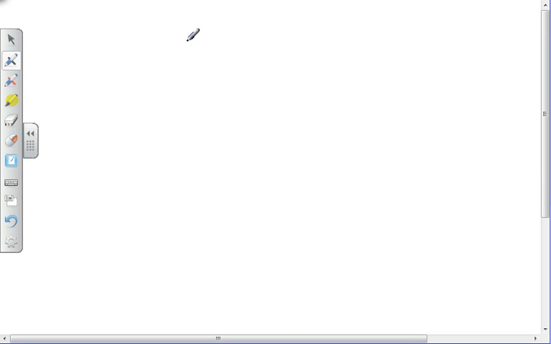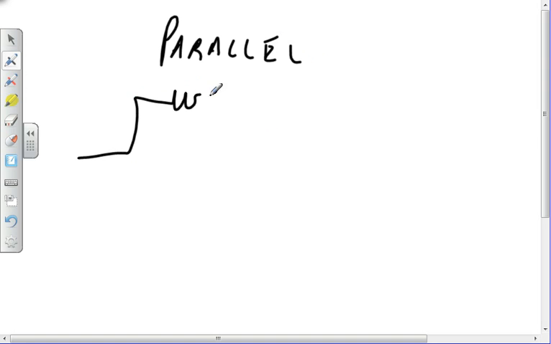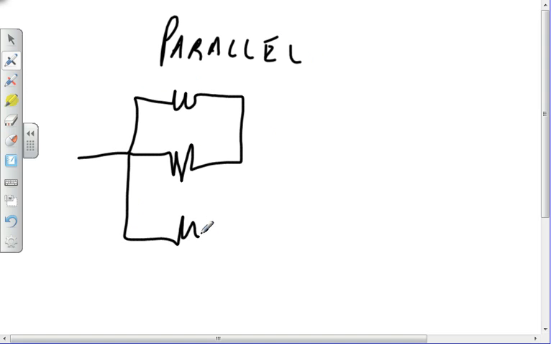If I am in parallel, did I spell parallel right? I don't know. I might. So now I have something in parallel. So I've got a resistor, another resistor, and a third resistor. So I got R1, R2, R3.